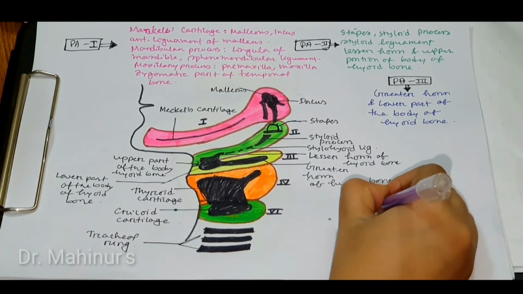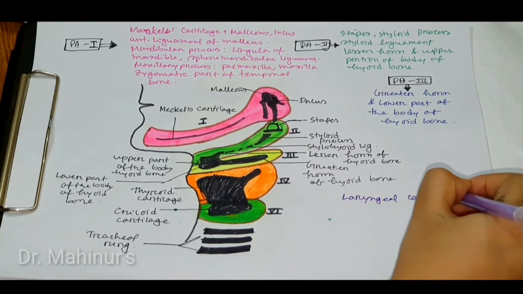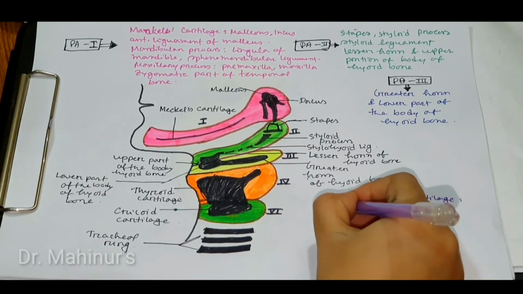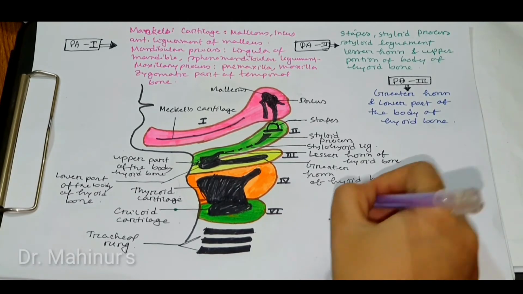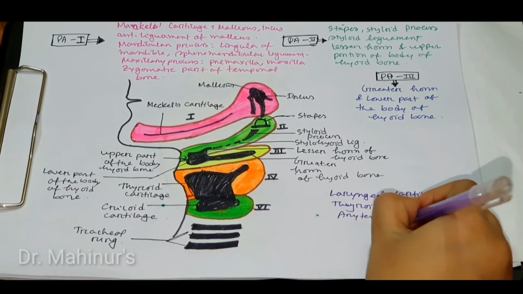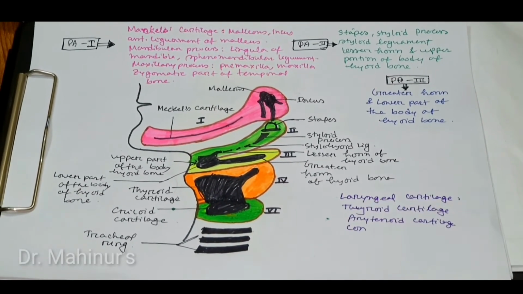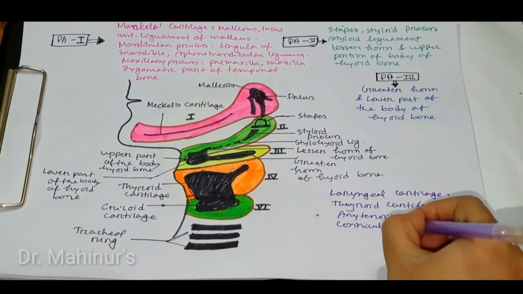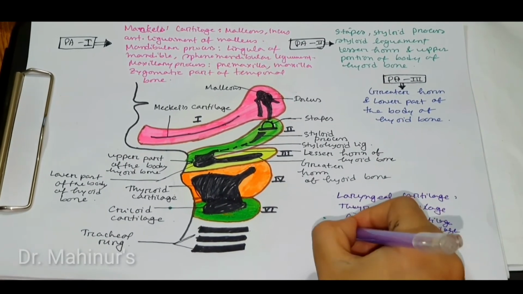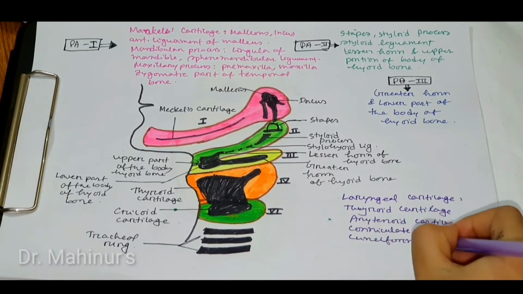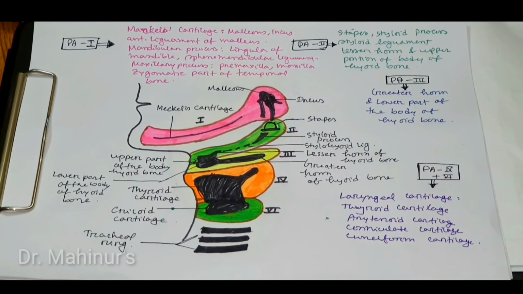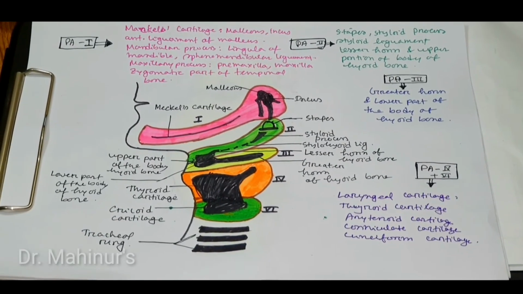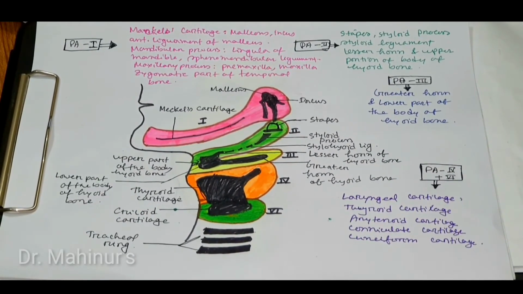So, fourth and sixth pharyngeal arch produce laryngeal cartilages: thyroid cartilage, cricoid cartilage, arytenoid cartilage, corniculate cartilage, and cuneiform cartilage. These are all about the cartilaginous derivatives of pharyngeal arches.